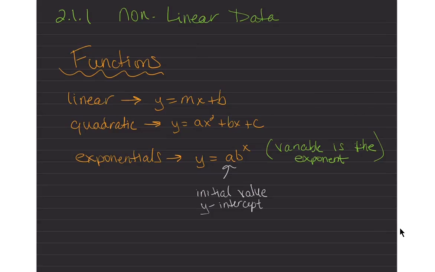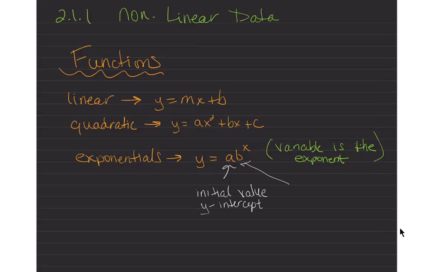So as soon as I look at that first number out front, I know where it's going to cross the y-axis. So that's basically the plus b in y equals mx plus b. Yep, that's the a.